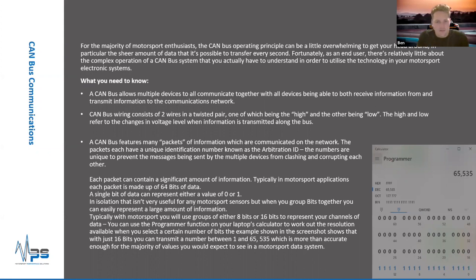But fundamentally, the way a CAN bus works is it sends around what we call packets of data. They all have different identification numbers, so you don't clash and you don't get a contamination, if you will, on the CAN bus.